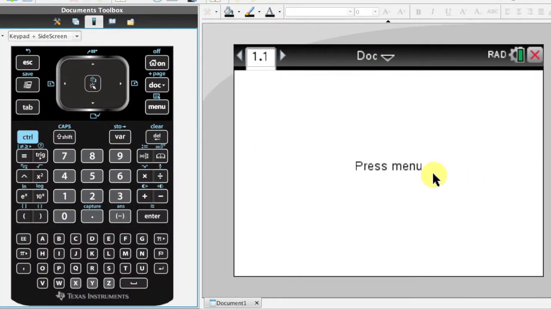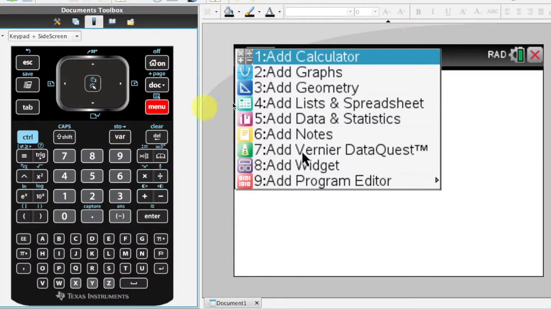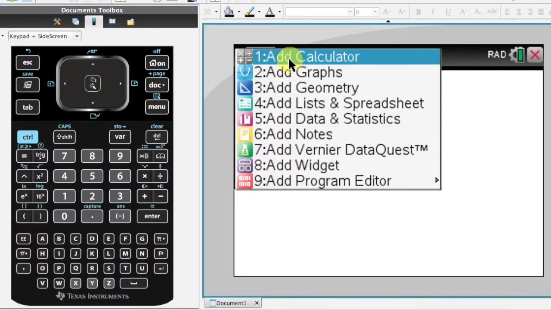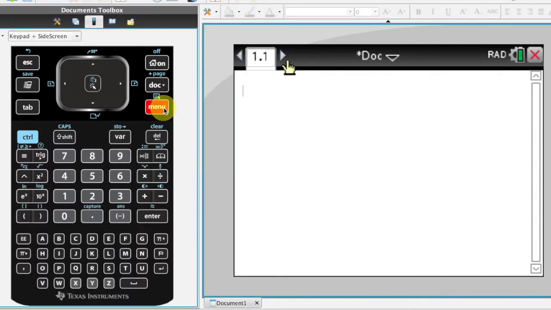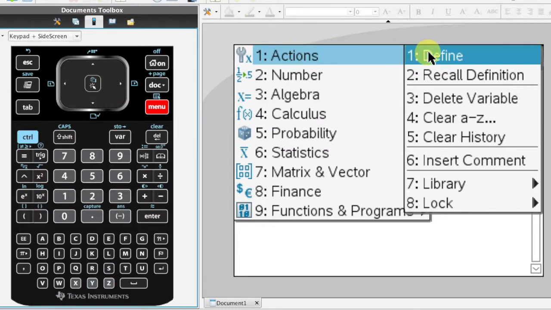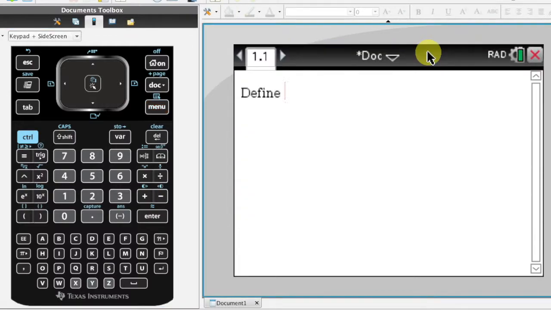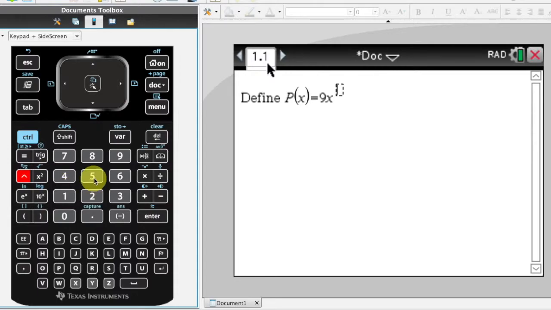So looking at that p of x function, menu, add my calculator, and now menu, actions define. We put in p of x equaling 9x to the power of 5 plus 5.